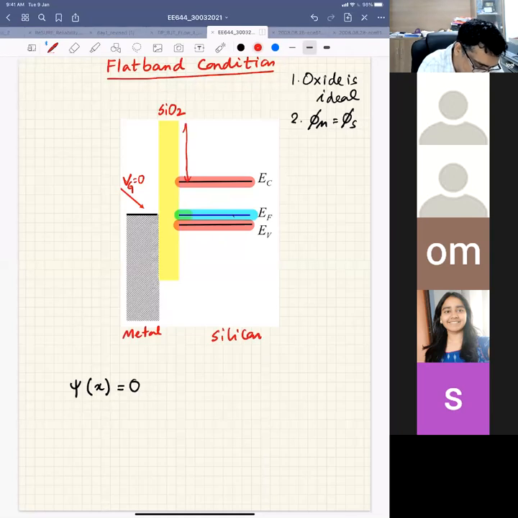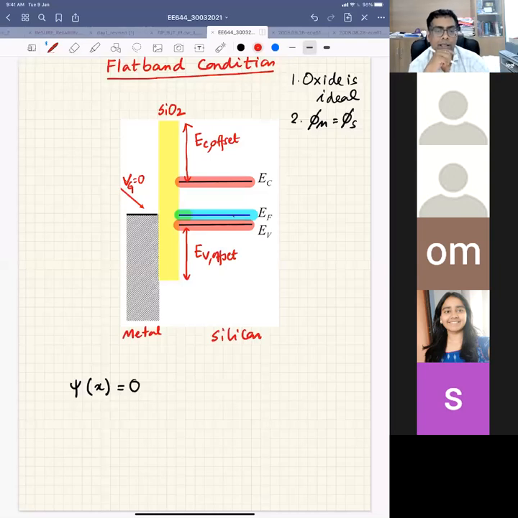This is the conduction band offset, and this is the valence band offset. You could get these values from the internet. The silicon dioxide interface is very well studied, and we know the conduction band offset and valence band offset. Here, the surface potential is zero because there is no band bending.